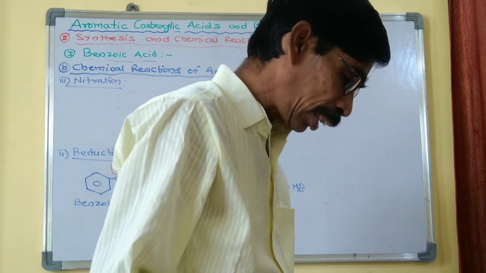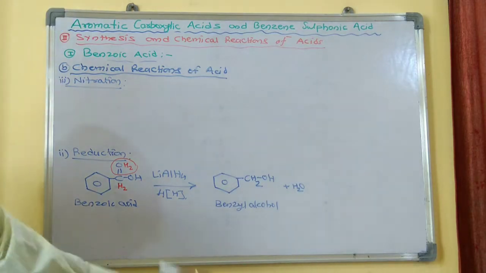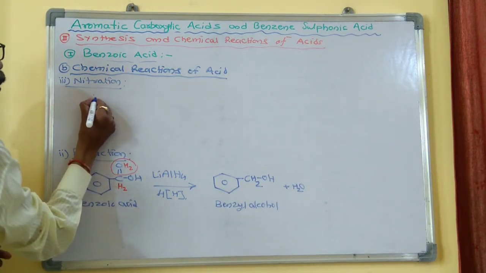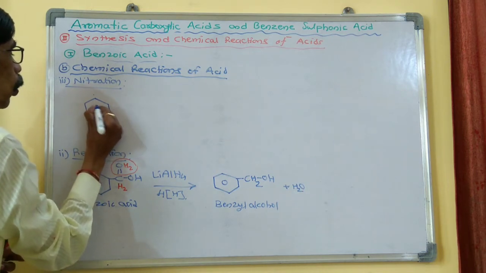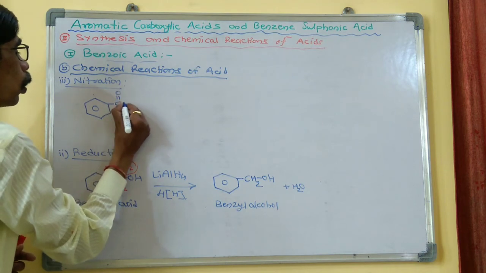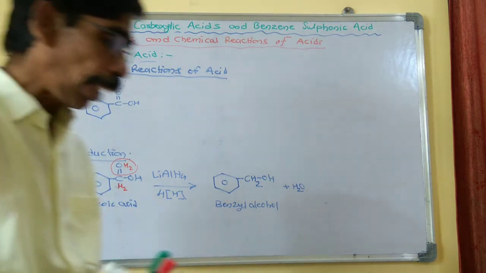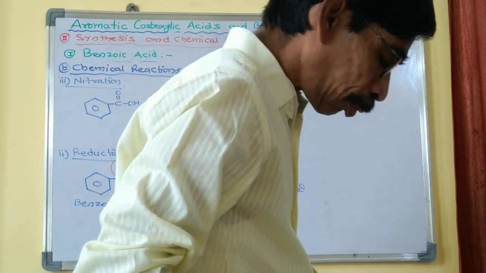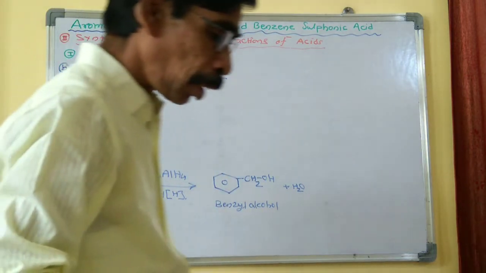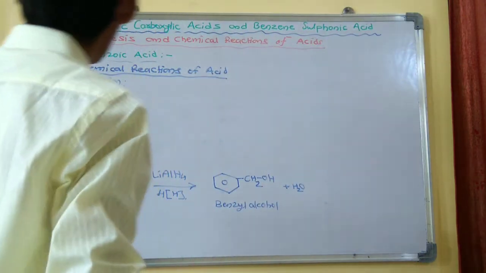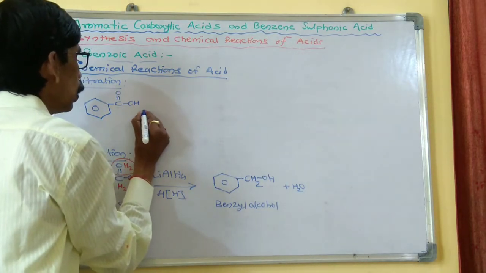In this benzoic acid, the COOH group is a meta directing group. Therefore, the incoming electrophile, that is the NO2 group, is linked at the meta position to form meta nitrobenzoic acid.